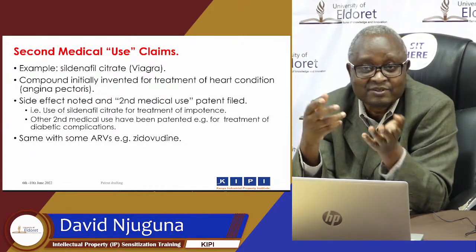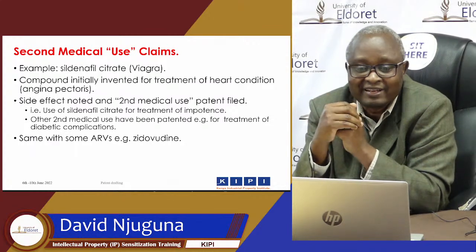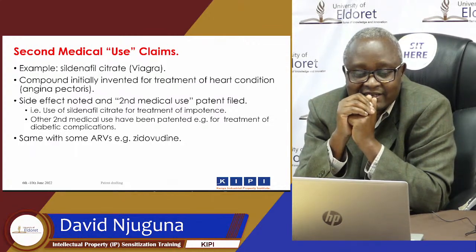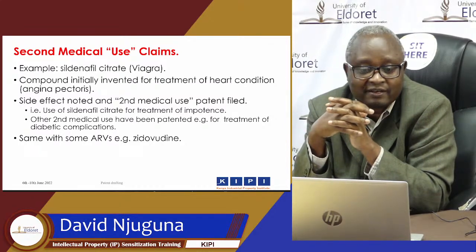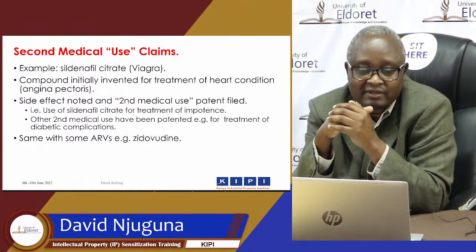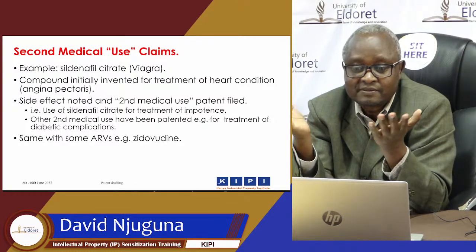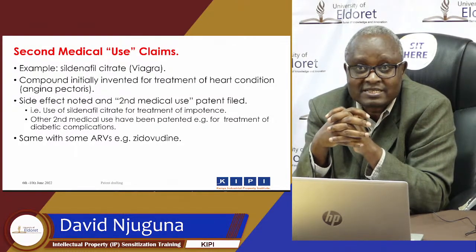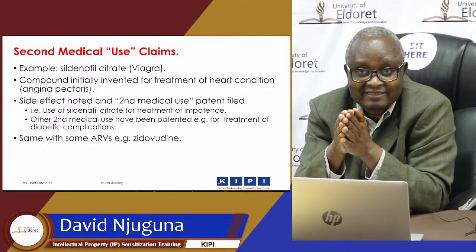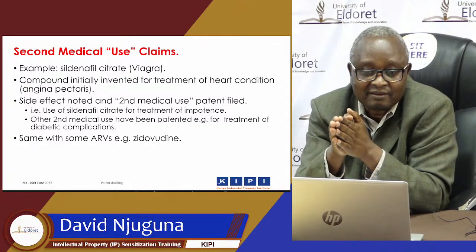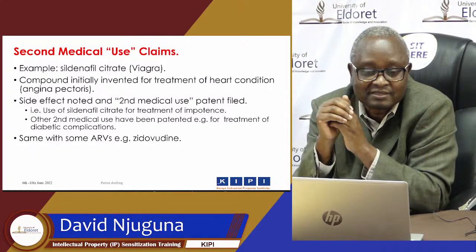There's something else that will probably make more money. So the side effects were noted, and a second medical use patent was filed: the use of that compound for treatment of impotence. And it became a blockbuster. It has also killed so many men, even presidents, a lot of casualties because of misuse of this product.